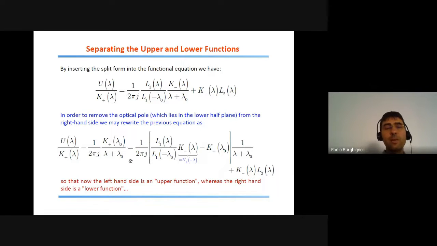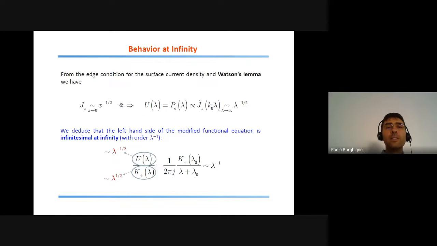The only remaining step is to examine the behavior of both sides of this equation at infinity. That is, when lambda has very large values in absolute value. Well, the behavior of the spectral function u when lambda goes to infinity can be evaluated asymptotically by using Watson's lemma, by recalling that our spectrum u is nothing but the Fourier transform of the spectral current up to multiplicative constants.